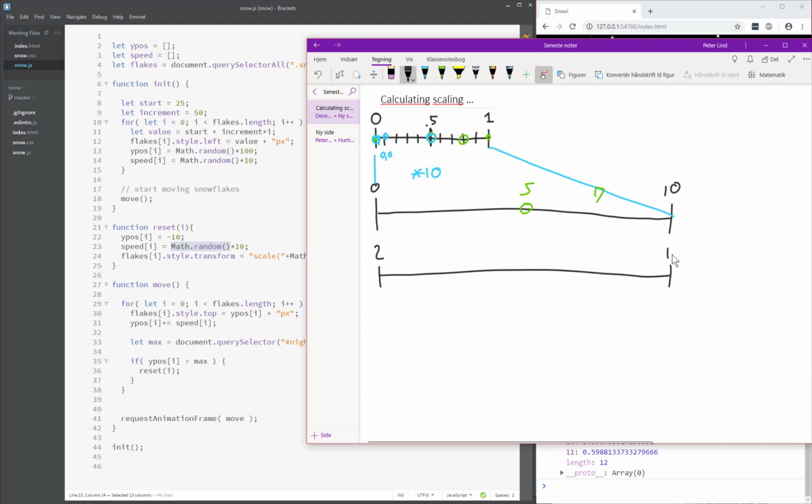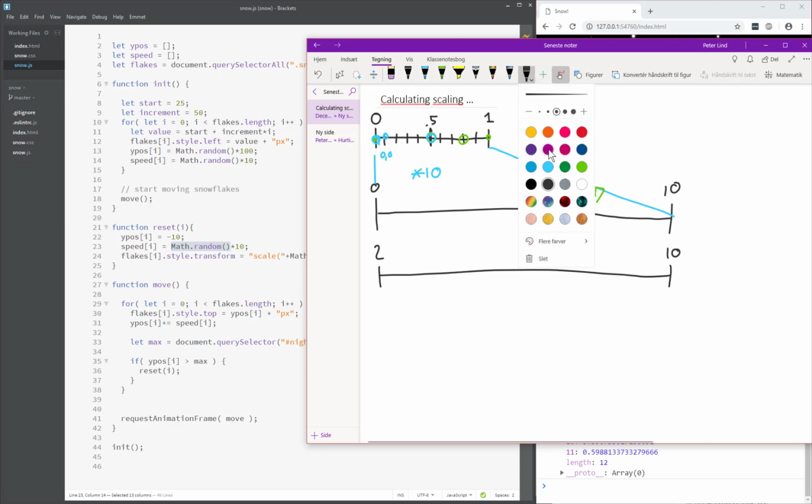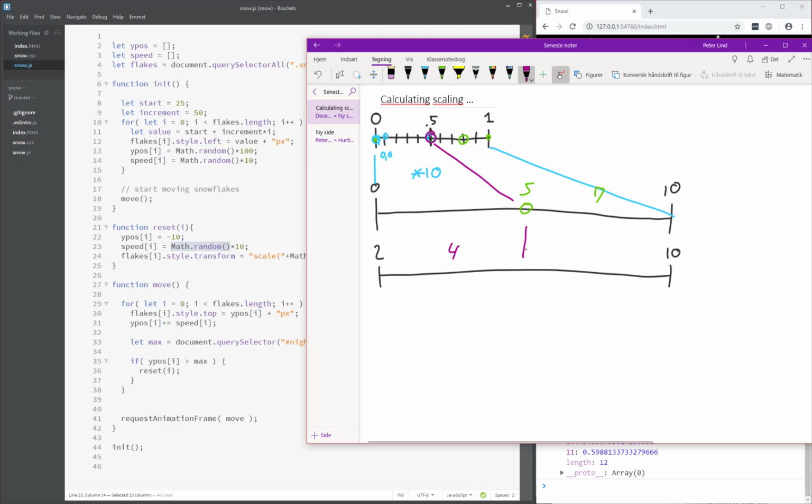But what if we instead wanted to go from 2 to 10? So I need another color here. Let's take a nice purple one. So that 0.5 would still translate to halfway between 2 and 10. That would be 2, 4, 6, 8.